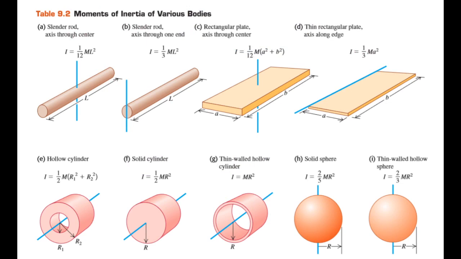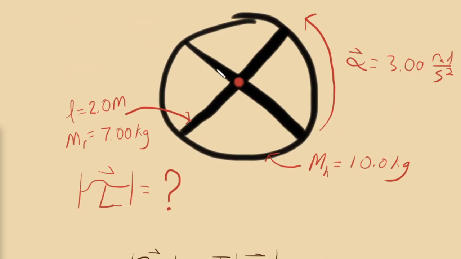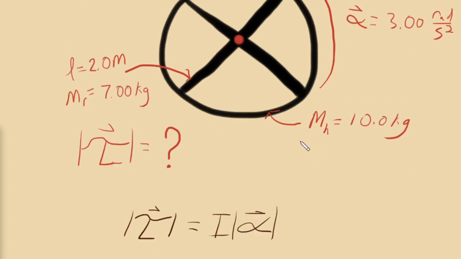But what you should think about when we integrate over something, if we have discrete values like we have here, a rod and a hoop, instead of integrating over this shape to find it out, we could just take each component and sum them together.